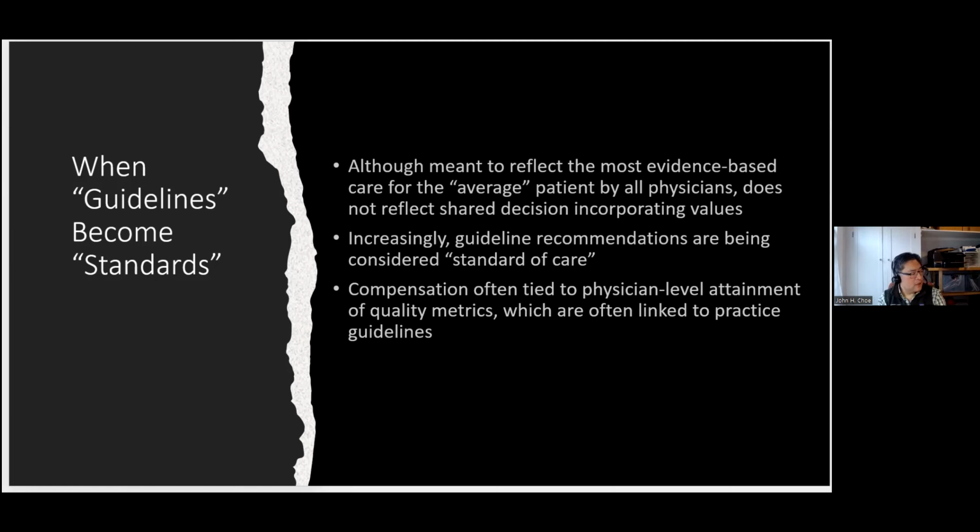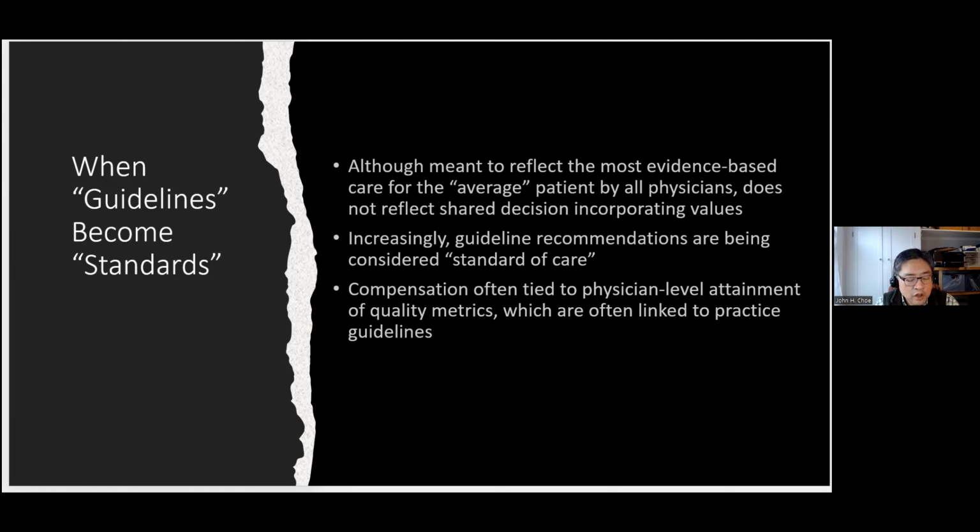Compensation. What physicians and hospitals and clinics are paid is increasingly being tied to quality metrics. Insurers are starting to pay if you meet certain quality metrics. That might be an A1C level, that might be a number of people who are getting breast cancer screening, whatever those metrics are.